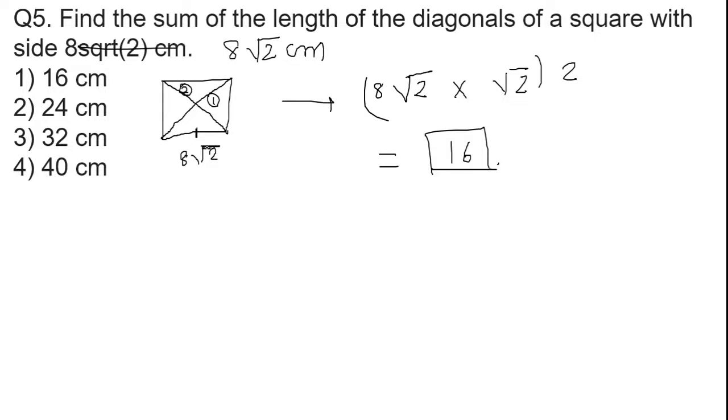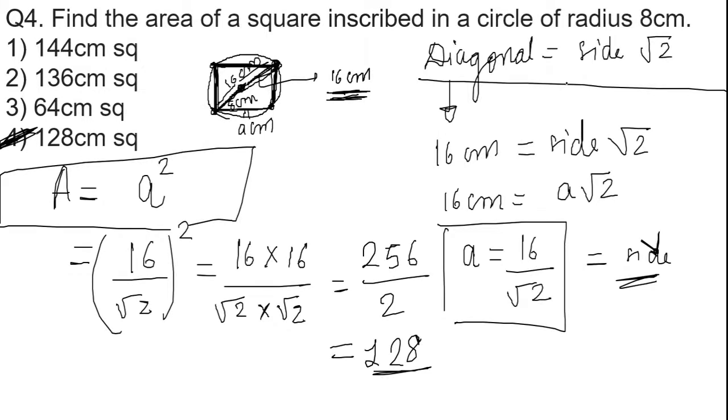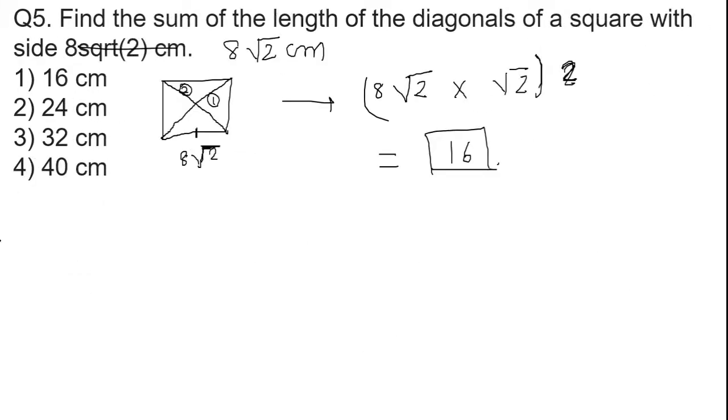If one side is 8 under root 2, I am simply multiplying it by under root 2 and taking it twice. So this will give me the value of one diagonal. We know the value of diagonal is side under root 2. Try to understand what I have done. Side under root 2 is the value for the diagonal of a square.